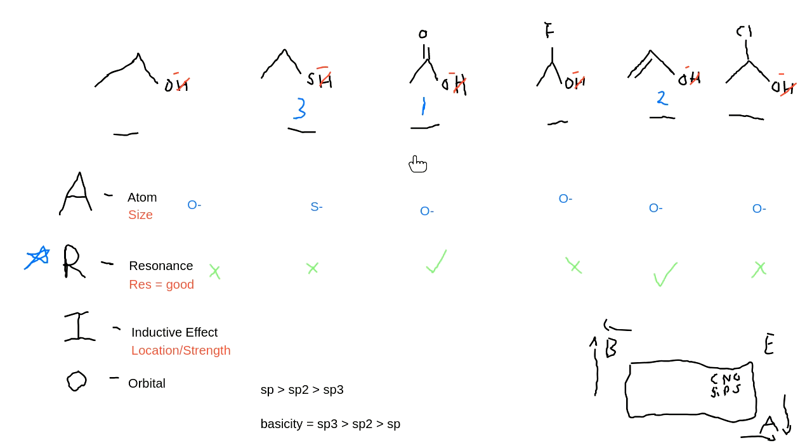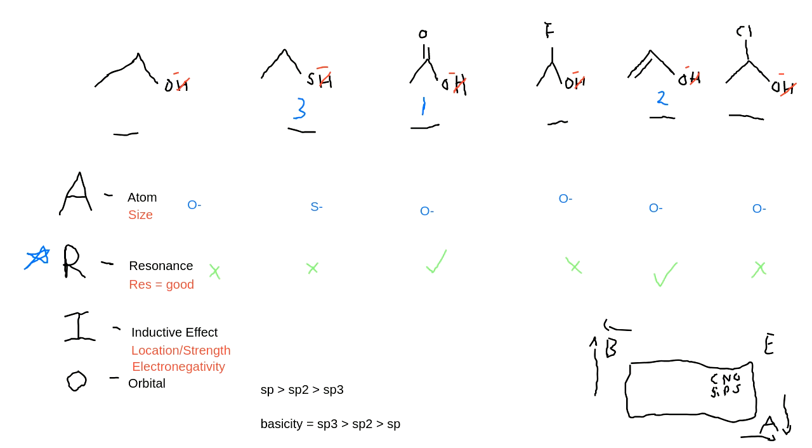Someone else asked, why would this be 3 and not the ones with fluorine or chlorine? Fluorine and chlorine fall under what is called inductive effects, and this is when we talk about electronegativity instead of atom. With atom, we strictly look at the size, not electronegativity. Inductive effect is when we look at electronegativity, and more specifically this includes halogens.